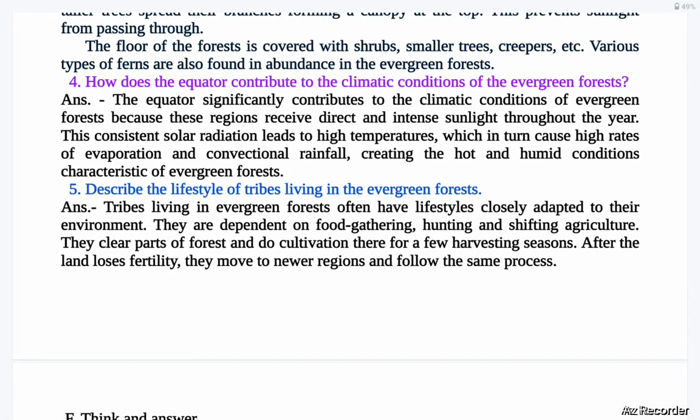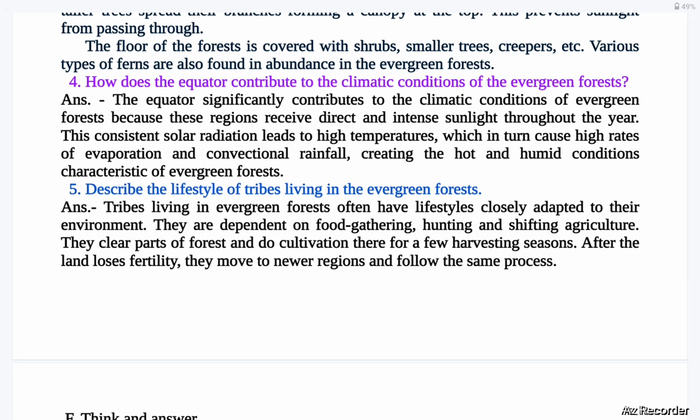So fourth question is, how does the equator contribute to the climatic condition of the evergreen forests? So answer is, the equator significantly contributes to the climatic conditions of evergreen forests because these regions receive direct and intense sunlight throughout the year.